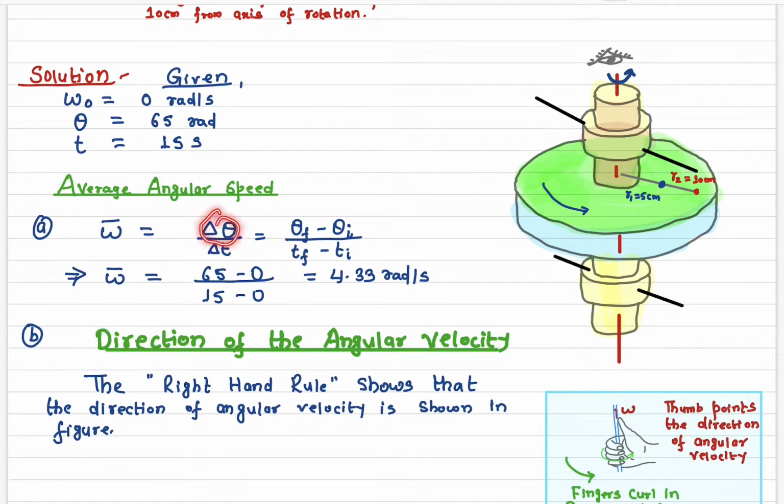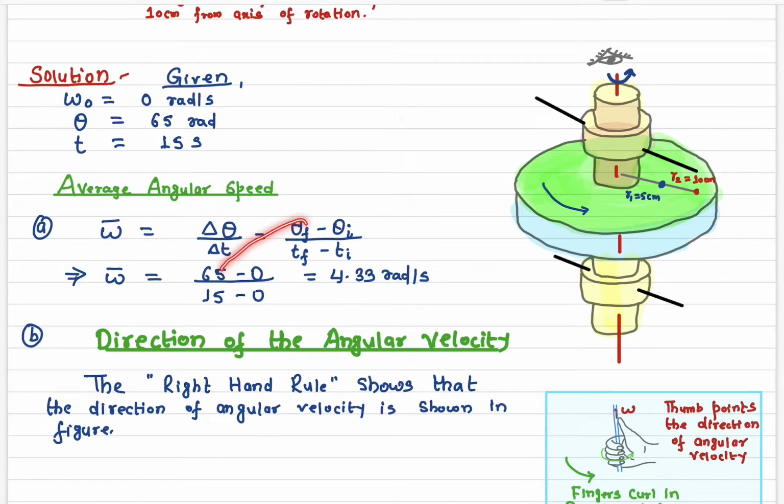This change in theta means final angle minus initial angle, and change in time means final time minus initial time. The final angle is 65 radian. All the time this angle has to be in radian. Do not change it to degree. Whenever you use the equation, it has to be in radian.